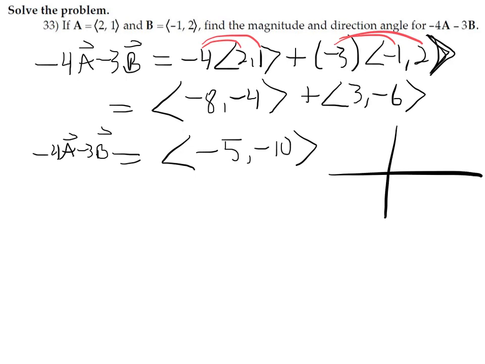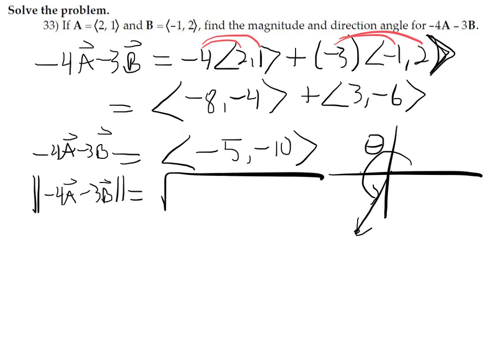A quick graph. We're left 5 and down 10. So the angle we're looking for is more than 180 degrees, but less than 270 degrees. We'll get a reference angle from our calculator, and then it looks like we'll add 180 degrees to that. So let's start off with the magnitude. The magnitude of negative 4a minus 3b is just the square root of the sum of the squares of its components.